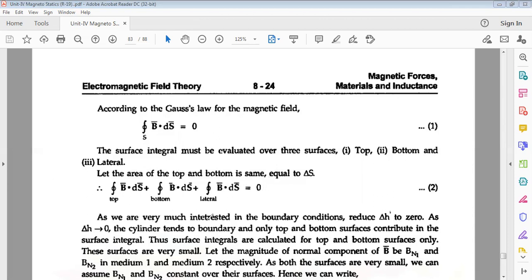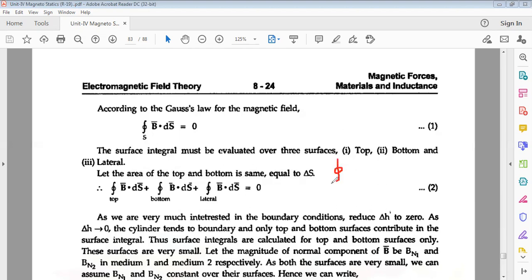As we are very much interested in the boundary conditions, reduce delta H to 0. As delta H tends to 0, the cylinder tends to the boundary and only the top and bottom surfaces contribute to the surface integral. So delta H tends to 0 means the lateral side becomes 0.